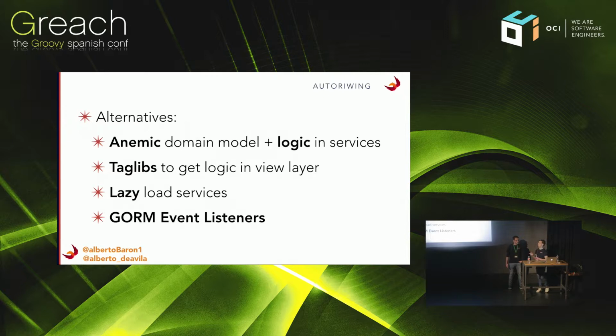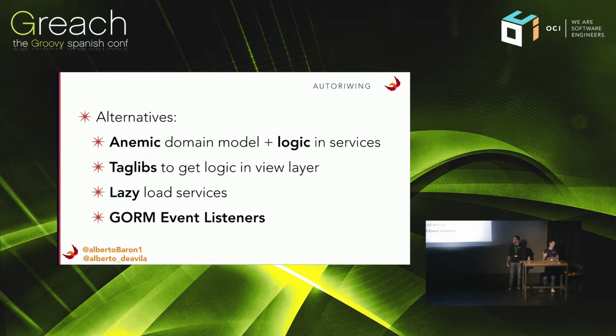So how can we fix that? We can create an anemic domain model and move all our logic to the service layer. We can use taglibs to get logic access in the view layer. We can lazy load services, that is a bit difficult, but it's possible.